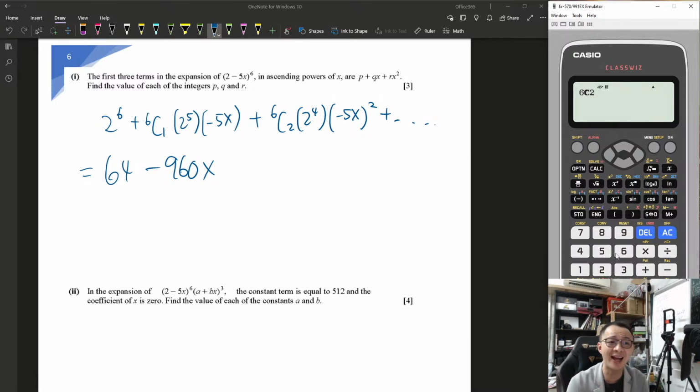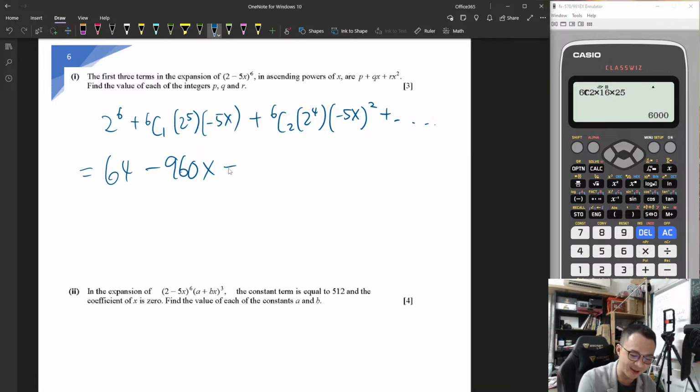So if you type it yourself, make sure you type every single one. And this one is negative 5 squared, so it's times 25. So plus 6,000 x squared. So right now you can see the pattern of P, Q, R. P is 64, Q is negative 960, R is 6,000. Done.